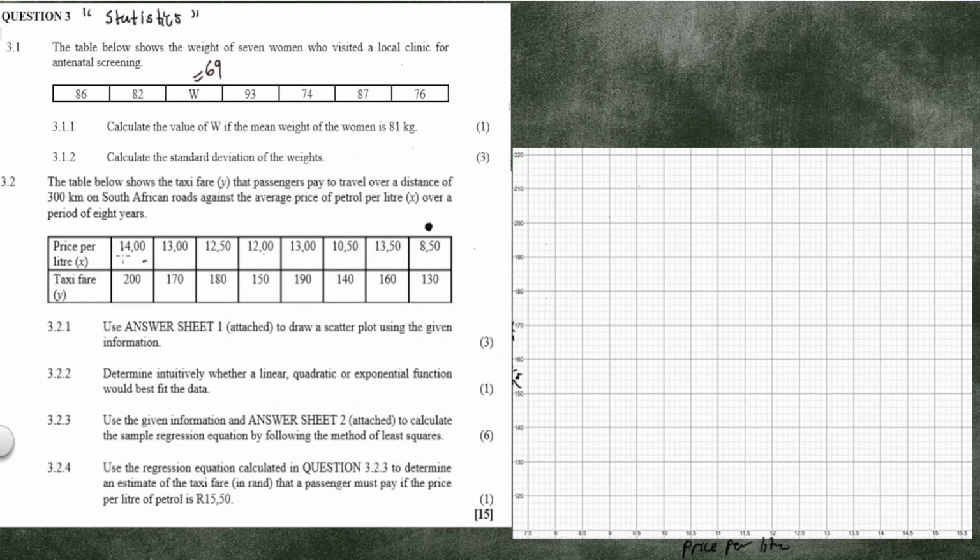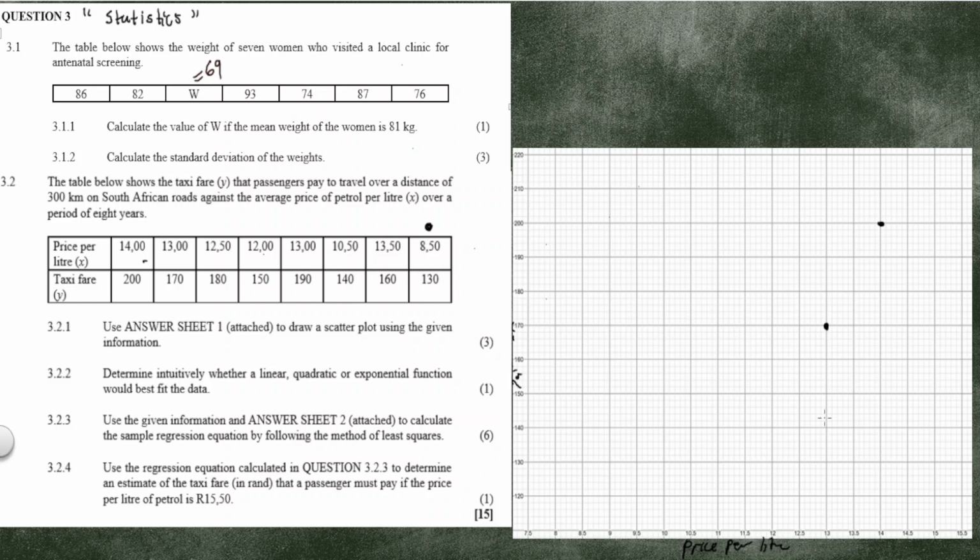So we plot x equals 14 with 200, right here. Then it's 13 with 170.